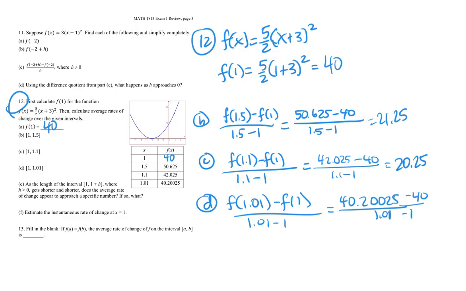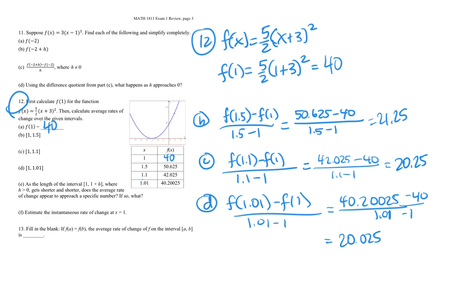Okay. And if I plug all that into my calculator, I get 20.025. We didn't have units or anything, so I think we can leave those answers as they are.